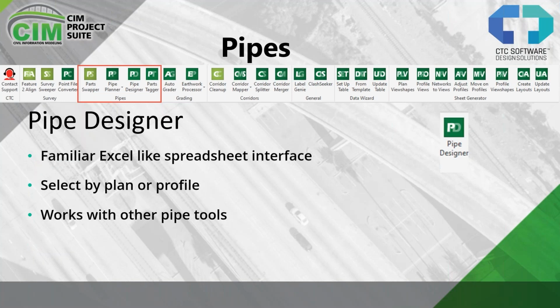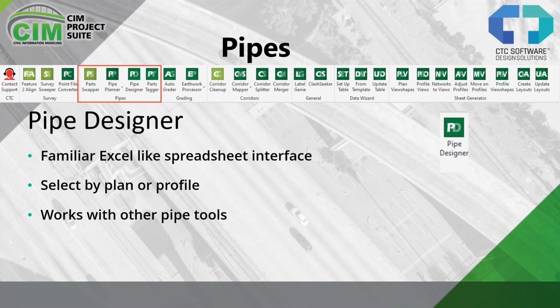The main form is a familiar Excel-like spreadsheet interface, like many of our tools are. And as we mentioned, you can select your parts by plan or profile.